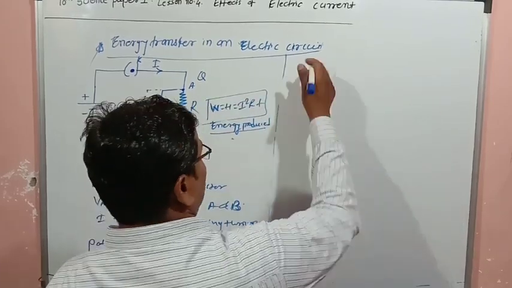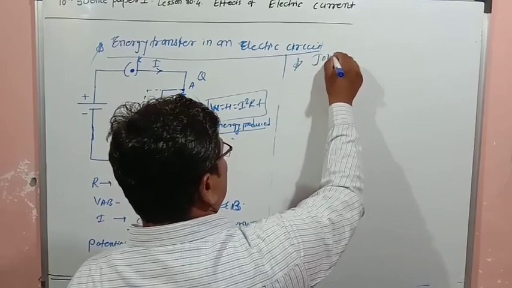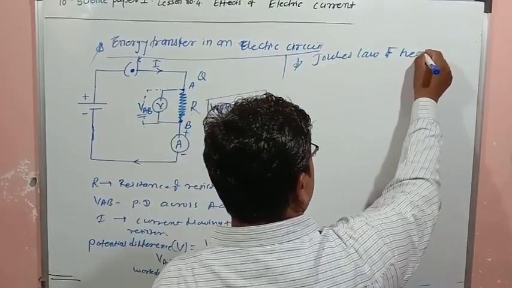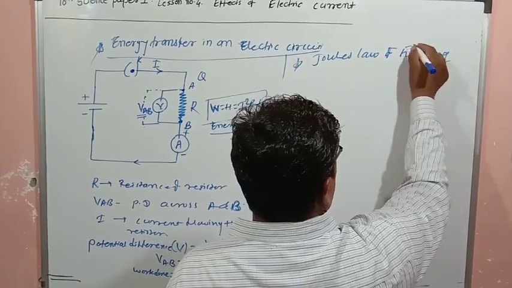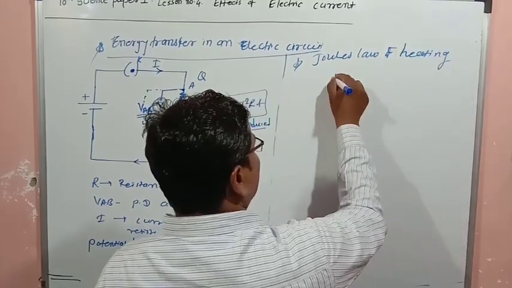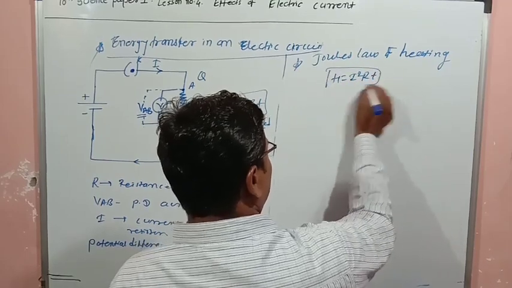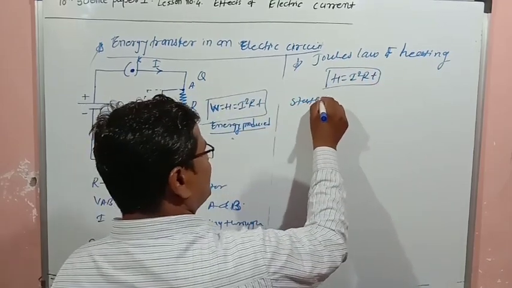So next term is Joule's law of heating, and what is our equation? H is equal to I square RT. From this you can write the statement.